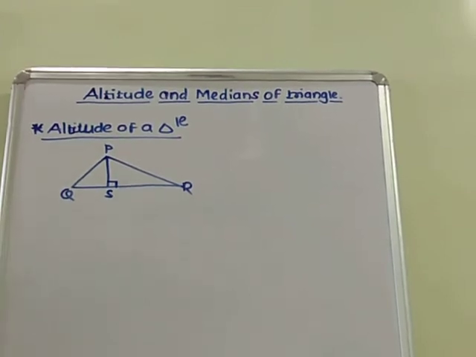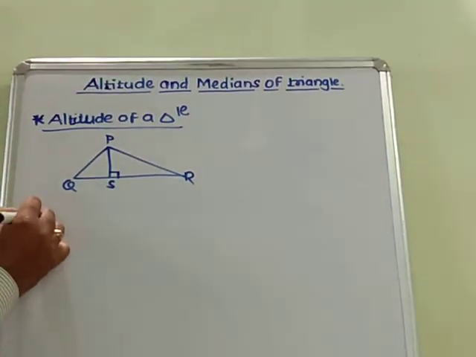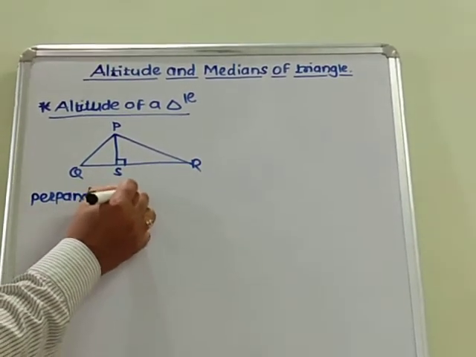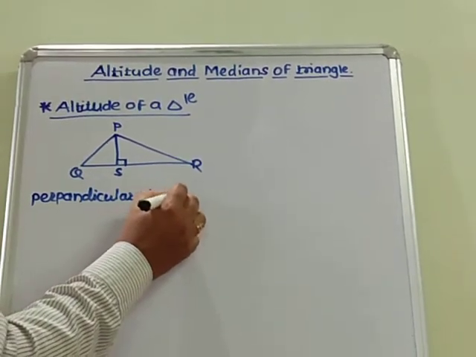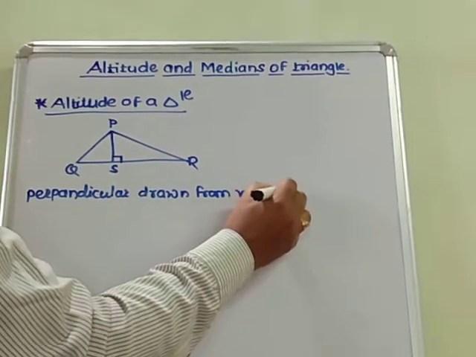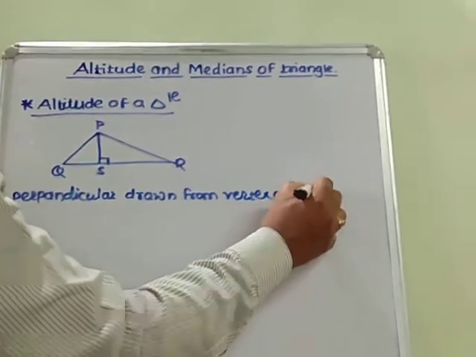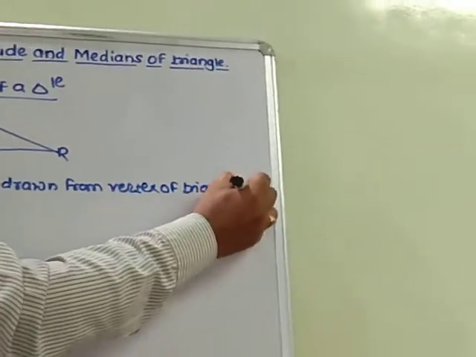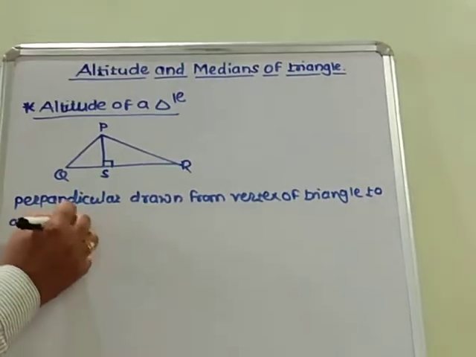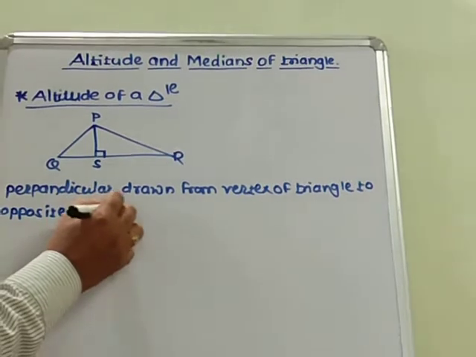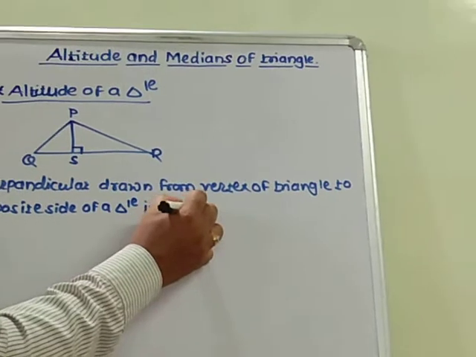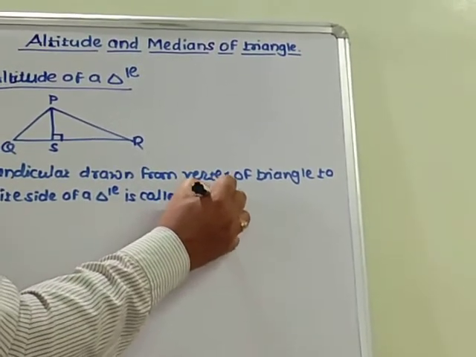Altitude means a perpendicular drawn from the vertex of a triangle to the opposite side of a triangle is called altitude.